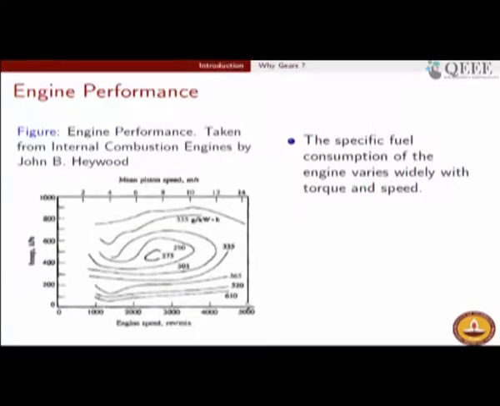And the minimal possible cost of running the engine happens to be in this zone, wherein the torque and speed are in a very, very narrow range. You cannot supply that much diverse torque and diverse speed within that narrow band of operation.